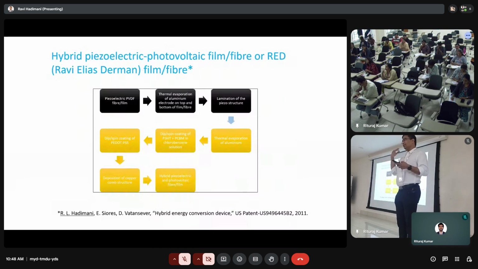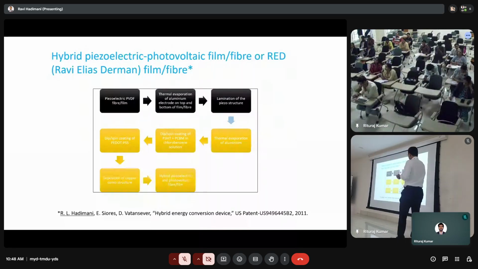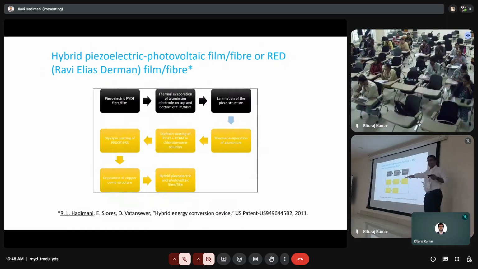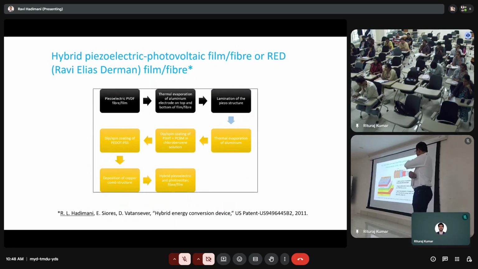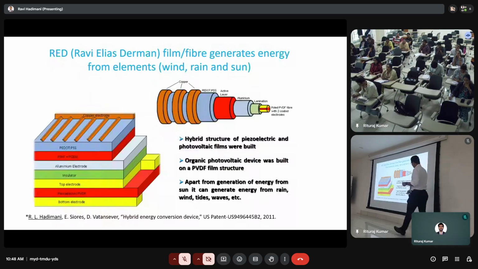So if there is wind, the piezoelectric part will generate electricity. But when there is sun, the organic photovoltaic will produce electricity. So we made, for the first time, this hybrid device as well. First, we made it on a thin film. That is the process. This is how it looks like.